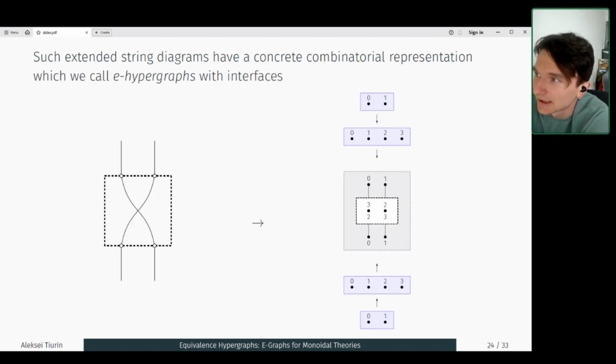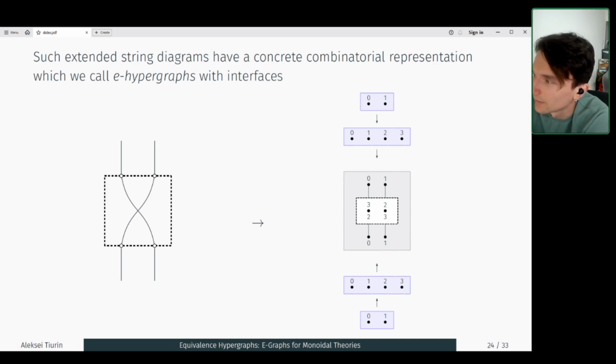Such extended string diagrams have a concrete combinatorial representation, which we call E-hypergraphs with interfaces. In contrast with hypergraphs, E-hypergraphs can also have hierarchical hyperedges that can contain arbitrary hypergraphs within them. For example, the E-hypergraph on the right represents the symmetry generator plunged into this hierarchical box.